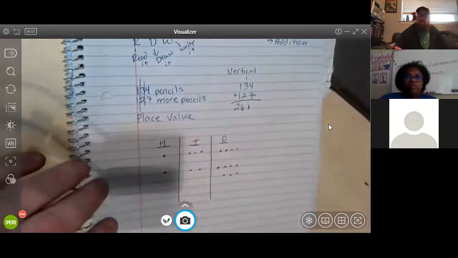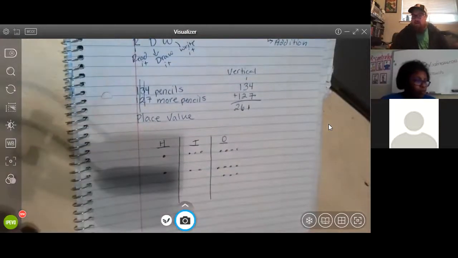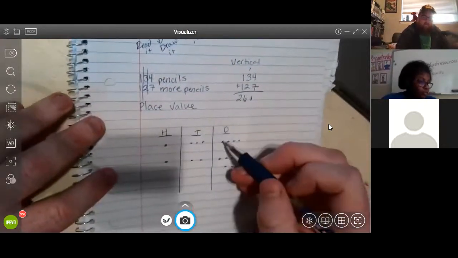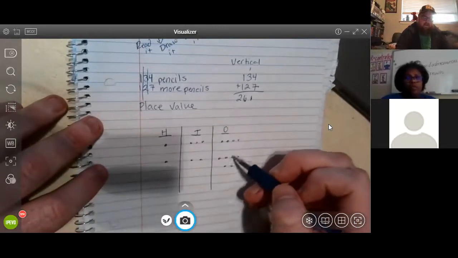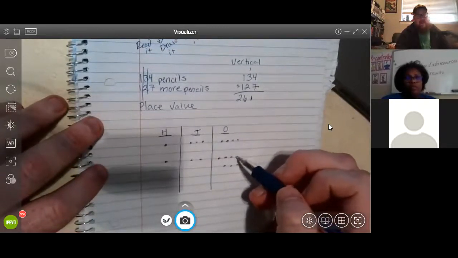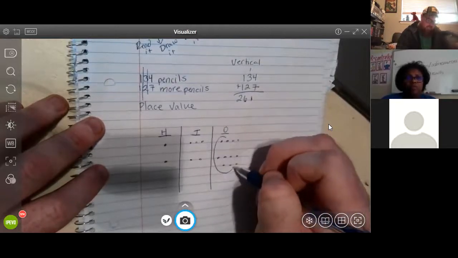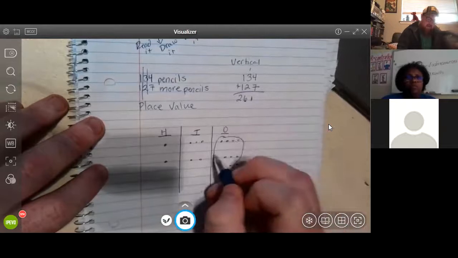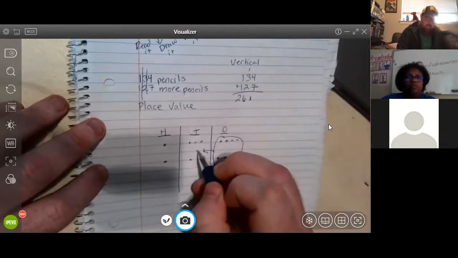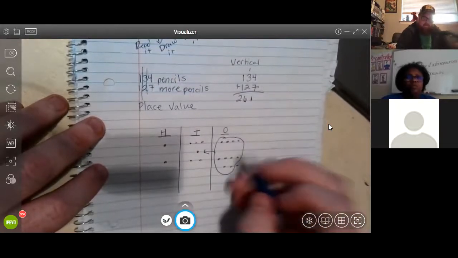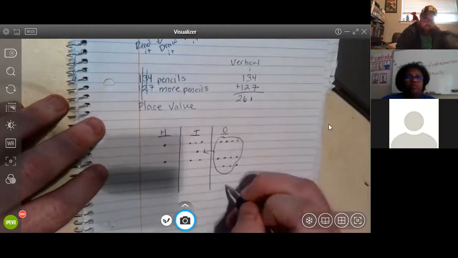Now it's as simple as counting your dots. So I have 1, 2, 3, 4, 5, 6, 7, 8, 9, 10. Uh-oh. You can't have more than 10 ones, so I'm going to have to circle that 10, and that 10 is going to move over to the tens place. That leaves me with 1 dot left.